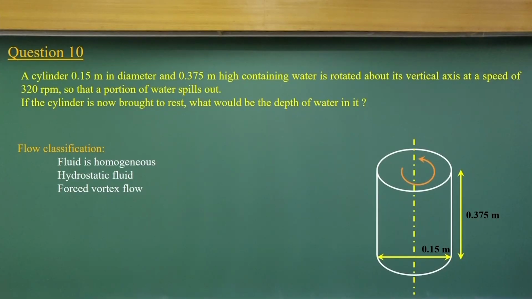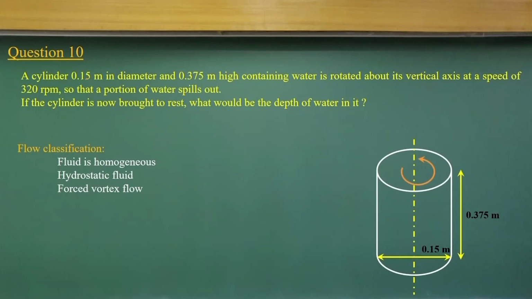Now, let me come to a very simple problem, the last question we are going to discuss. There is a cylinder of 0.1 meter diameter and 0.375 meters height containing water. It is rotated about the vertical axis at a speed of 320 rpm, rotations per minute, so that a portion of water spills out.